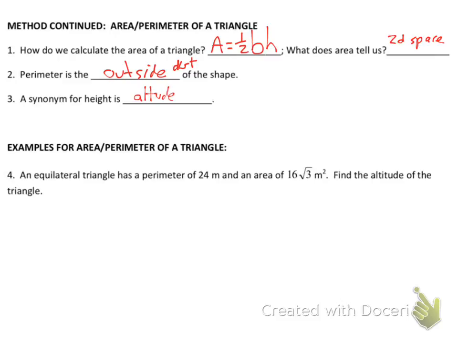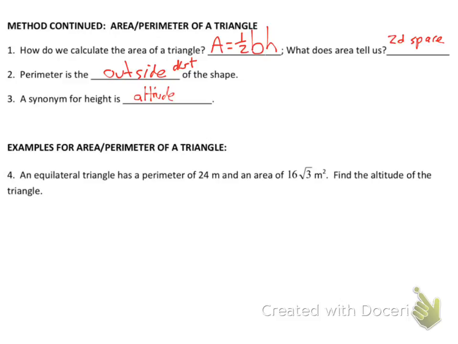Height of a triangle is the altitude. So when you're taking an altitude of a triangle, you're taking it from the highest point down to the base, level with the floor.